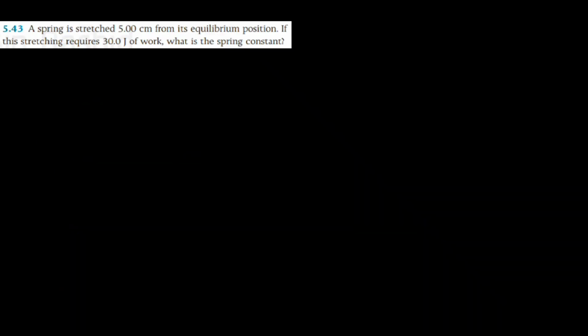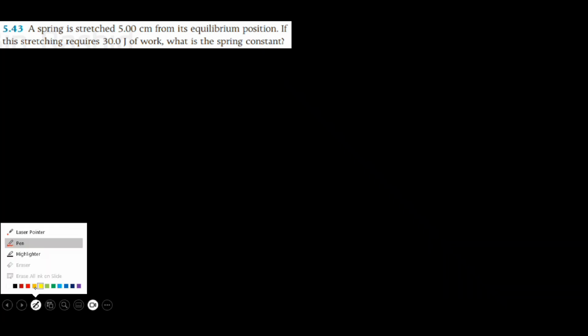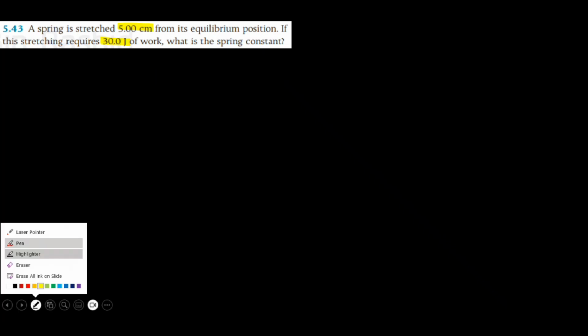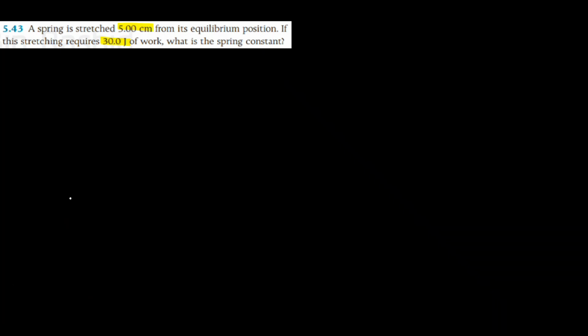In the next problem, we have a spring that is stretched 5 centimeter from its equilibrium position. If this stretching requires 30 joule of work, what is the spring constant? We are going to be using the same rule, but this time what we are finding is different.